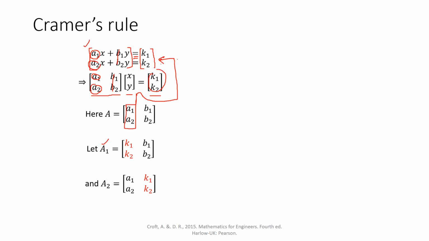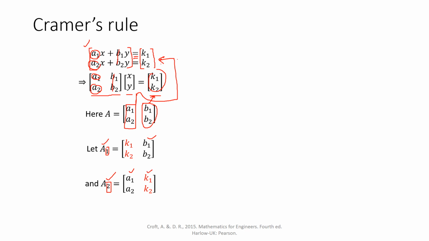And when we replace the second column with the same constants, we name it A2. Look, in A1 the b1, b2 remain the same, and in A2 the a1, a2 remain the same. A1 means that we put the constant matrix into the first column, and A2 means that we put the constant matrix into the second column.